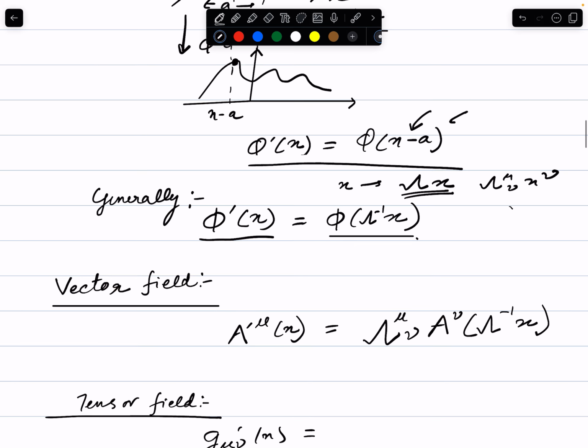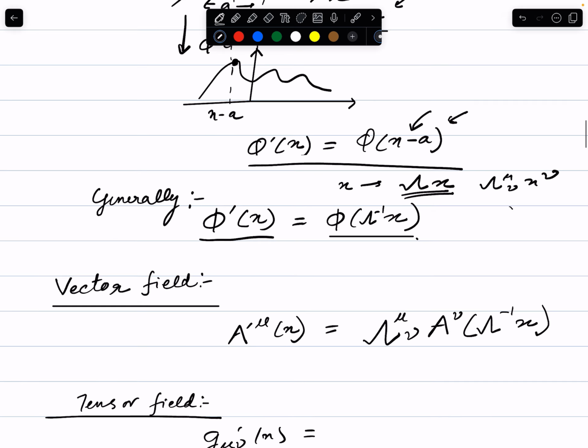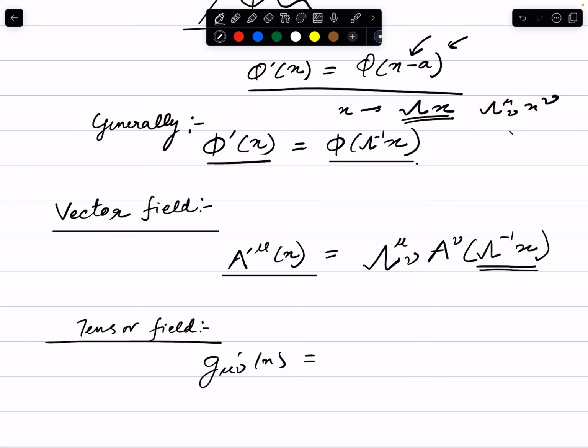Just like here, the transformation was x plus a, what appears here is x minus a, the inverse, because once the coordinate system shifts, the point shifts in the other way. So similarly, it's this. For a vector field, it's very similar: A prime mu of x. So inside there will be a lambda inverse, and outside there is a lambda mu.